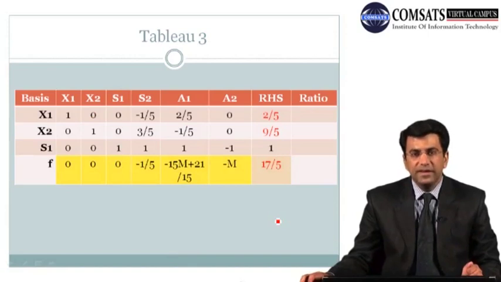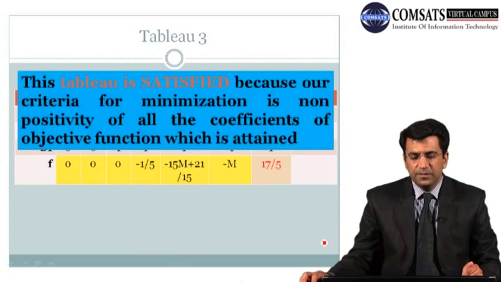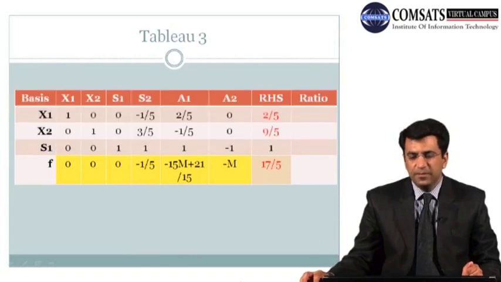Now this is our next table, and if we see the coefficients of our objective function, now you can see that all the values of our objective function are negative. So it shows that this particular table gives you the optimal solution. And what is our optimal solution? That is represented by the basic variable values in the right hand side column.